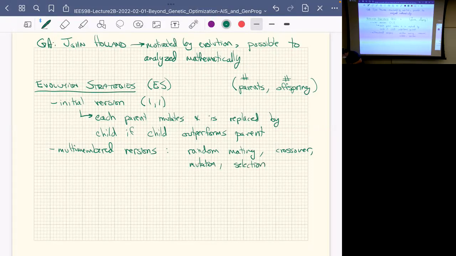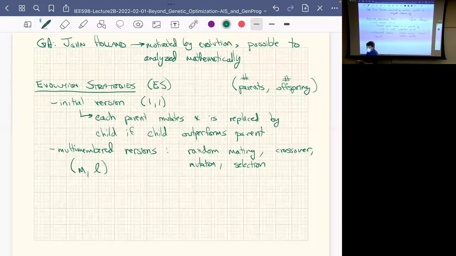And so here, you might have M parents and L offspring. So you can imagine that this represents a certain number of parents, some of which are required for recombination. Recombination happens, there's mutation, ultimately you produce these L offspring, which may replace some of the parents.